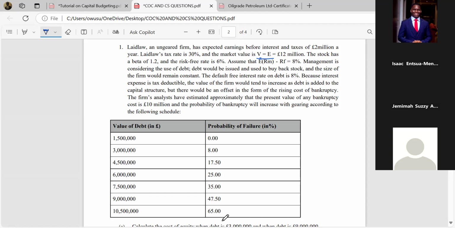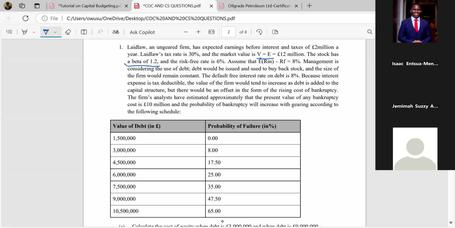firm question. So Laidlaw, an ungeared firm, has expected earnings before interest and taxes of 2 million a year. Laidlaw's tax rate is 30% and the market value is V is equal to E, 12 million. The stock has a beta of 1.2.